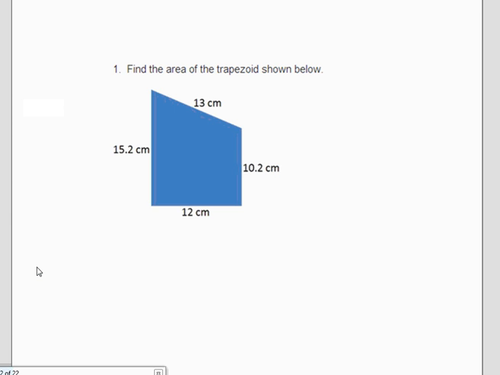All right, once again, this doesn't say it's square corners, but I'm going to assume it is. So I would draw a square line there. I then know that's 12. If this is 15.2 for all of it, and that's 10.2, I know that's 5. So to do my rectangle, it's 10.2 times 12.